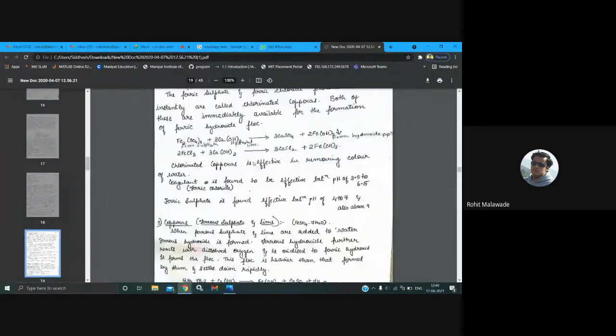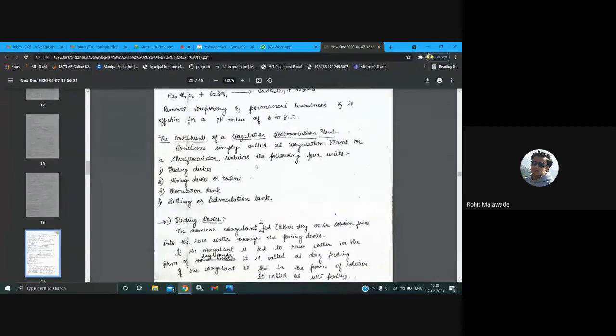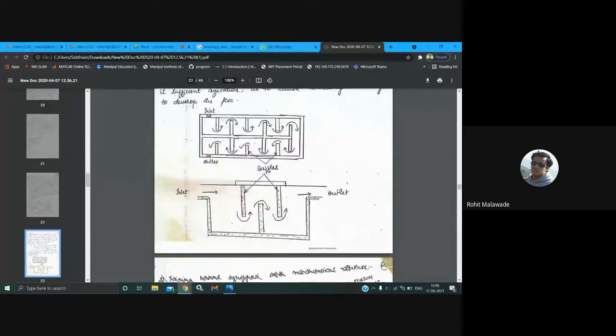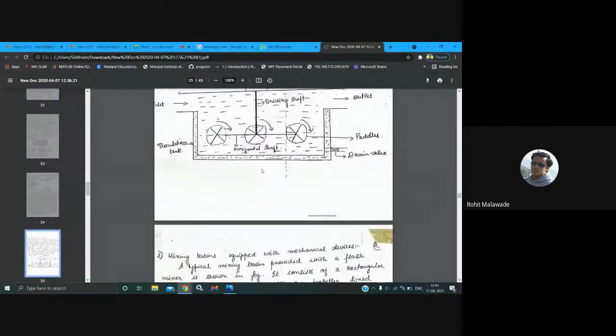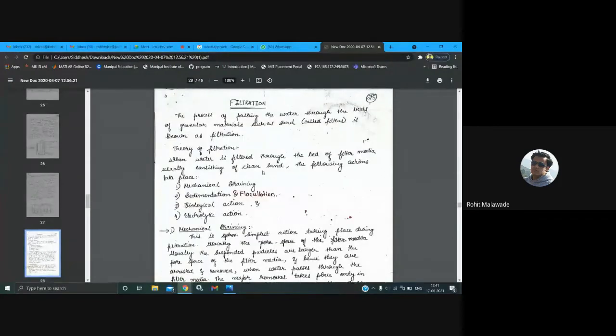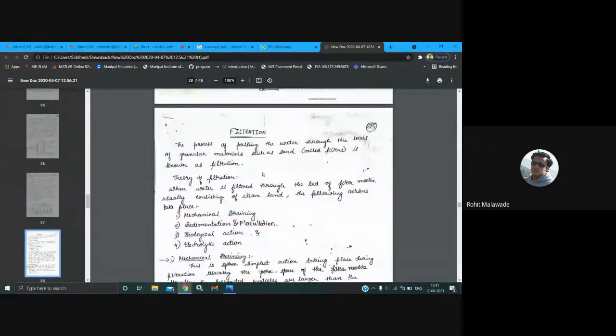We have removed the suspended particles. Then what are we going to do in the filtration process? Can anybody give me some idea on that? What are we going to remove?